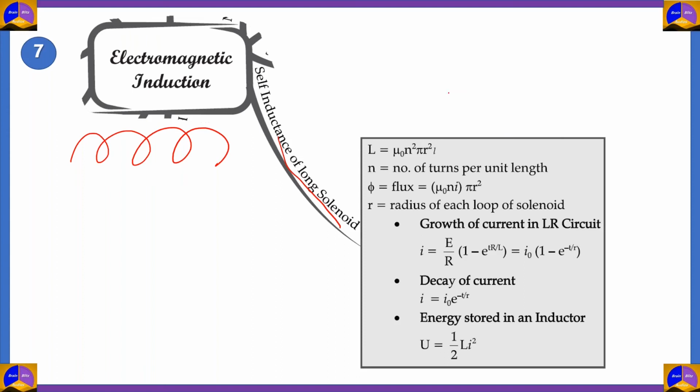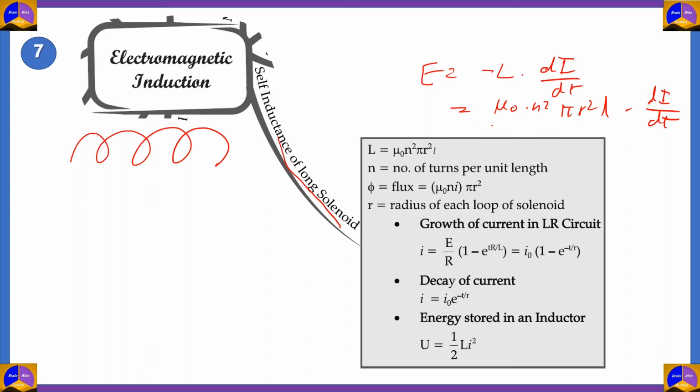Now, we know that E is equal to minus L times di by dt. Again, that will be equal to mu naught n square pi r square l times di by dt.